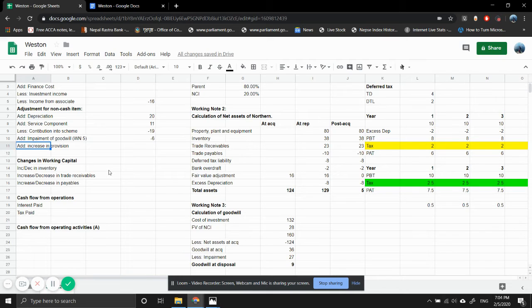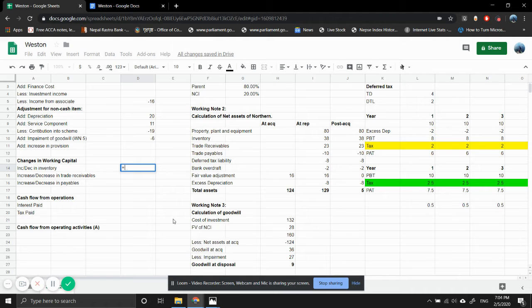What else am I missing? Depreciation is done, goodwill is done. So after this, what else is there? No, provision is not there, right? So changes in working capital.